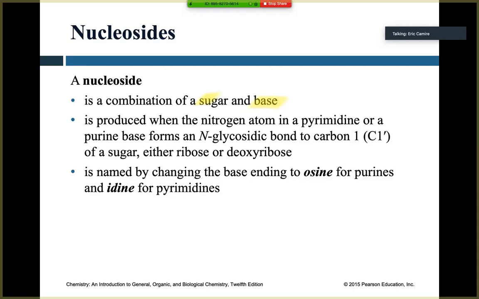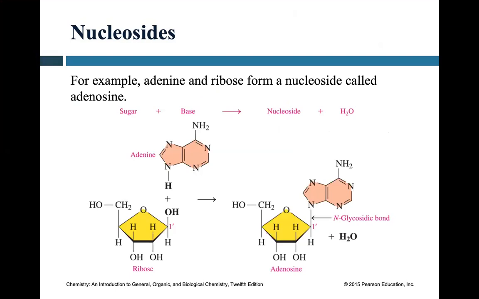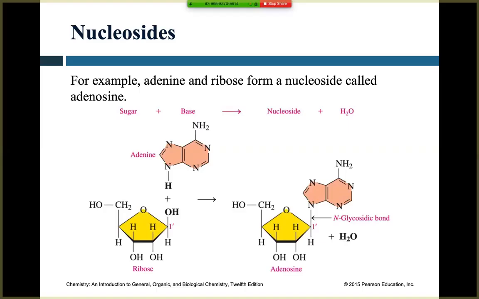Again, I'm not too worried if this doesn't make sense, but it's good to learn the two. Sometimes seeing is better than talking, and so that's what I have here. Our definition of a nucleoside is a sugar and a base. So my sugar and my nitrogenous base come together.